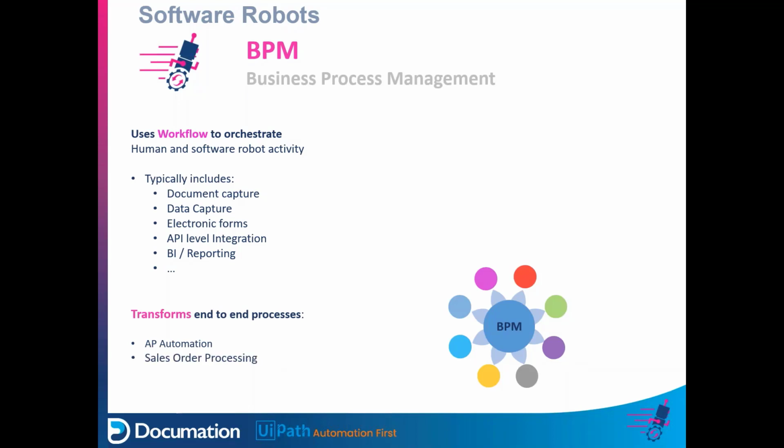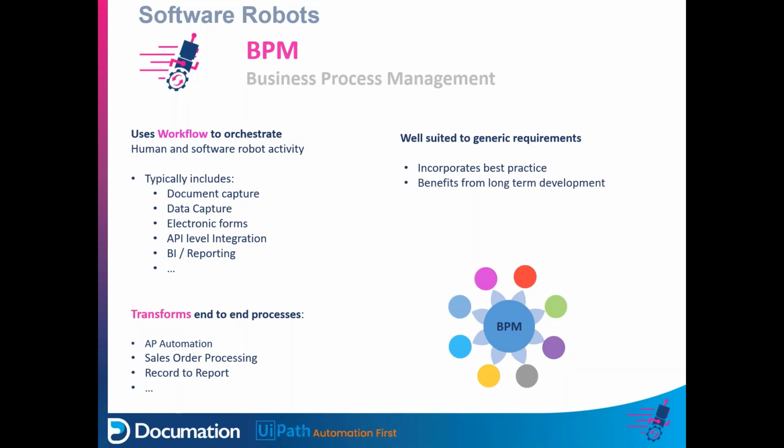So BPM is great for transforming end-to-end processes, including AP automation, but in lots of other areas of business, both back office and front office too. BPM is really well suited to generic requirements such as AP automation because it incorporates best practice.